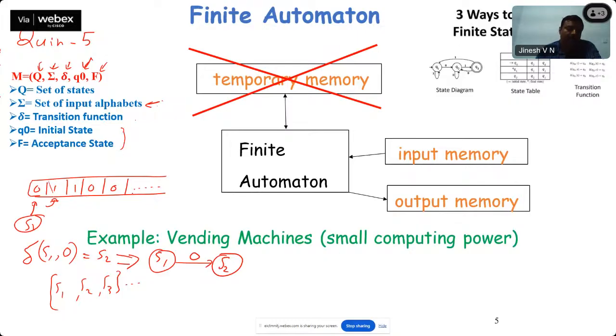Initial state means from where your machine starts reading or processing the input string. And the final or acceptance state means the acceptable or expected state of the machine for the customer or for the designer.